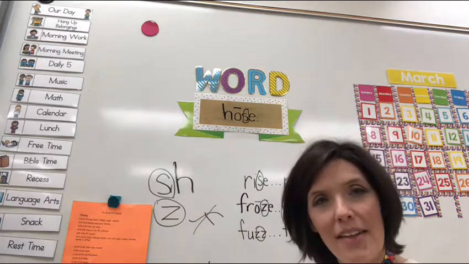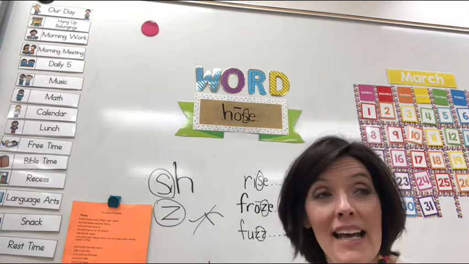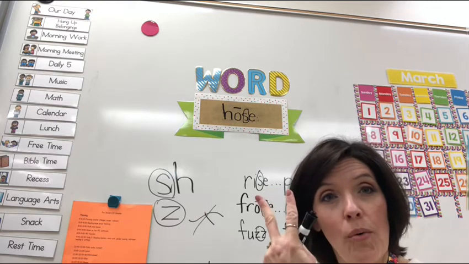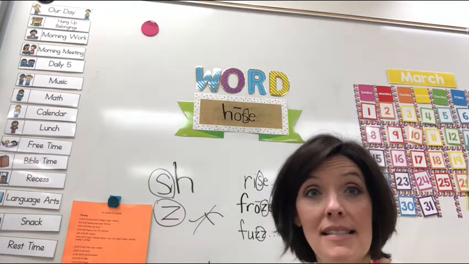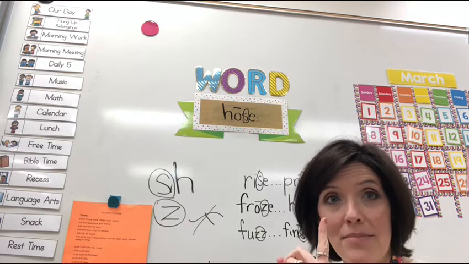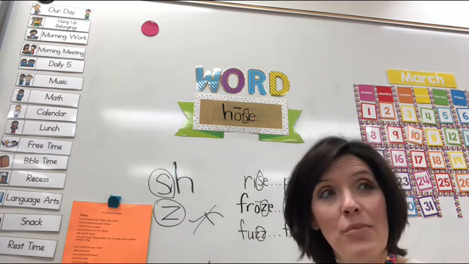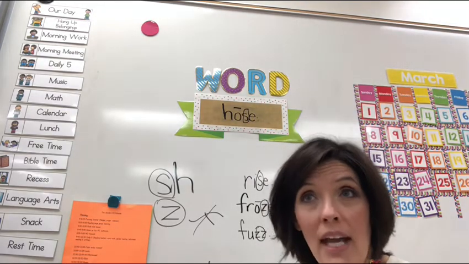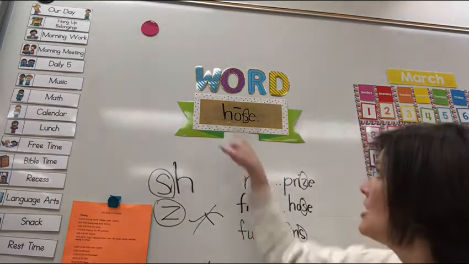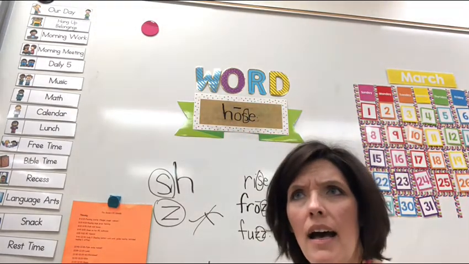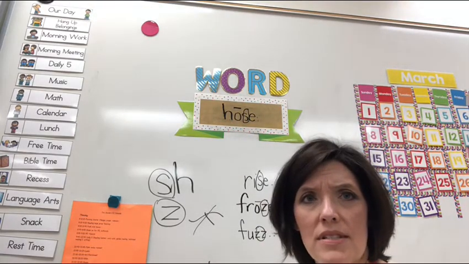So that's just another cool thing that we learn in reading about S and Z. They have a special relationship. So when you hear that Z sound, sometimes it's going to be a Z, but sometimes it's going to be an S. And when you are reading a word, and let's see, say you see this word, H-O-S-E, and you try hose.